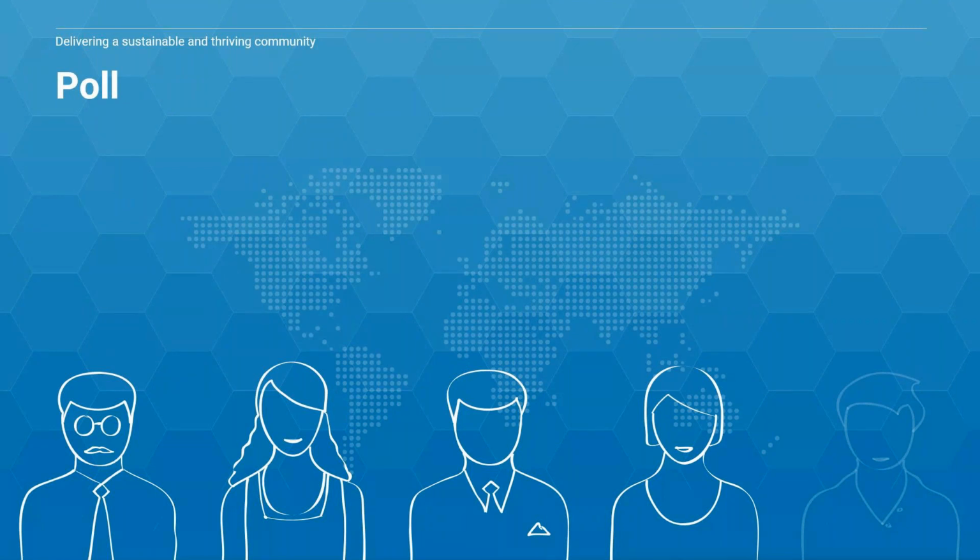I'll just leave that up there for a couple of seconds just to see the answers coming in. Okay, I'll end the poll there. Great, so as expected, most of the attendees today are using GIS in some capacity to reach sustainability challenges.